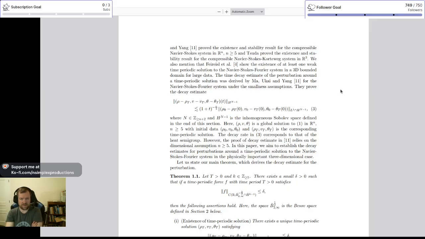They proved decay estimate: magnitude of rho minus rho t, the time periodic solution, v minus vt, and theta minus theta t of t. So the current value is distance to the time periodic solution value, whatever it ends up being.